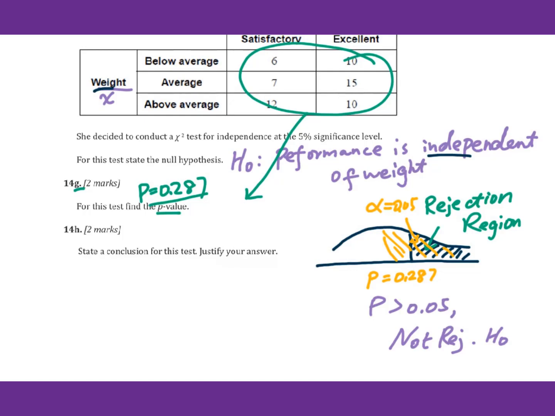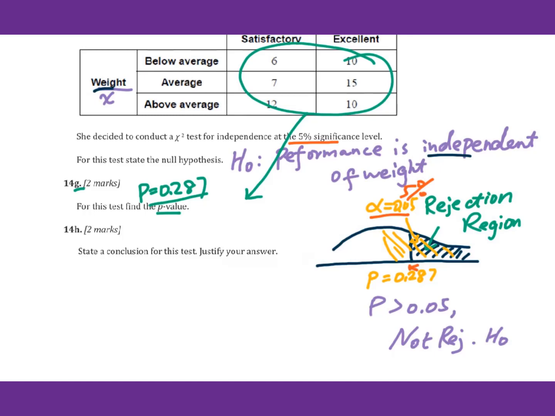We still use this. The alpha stands for the significance level 5%. So this area is 0.05. Since p is greater than 0.05, it means the area will be greater than this 0.05.